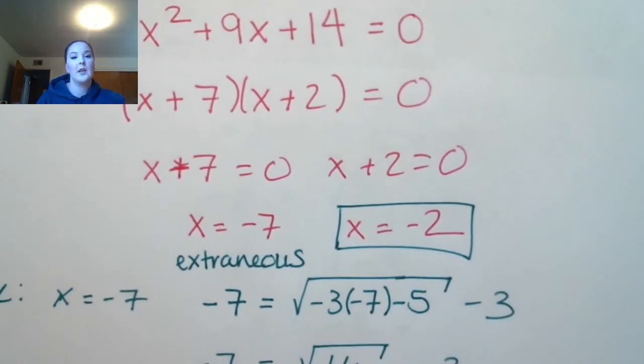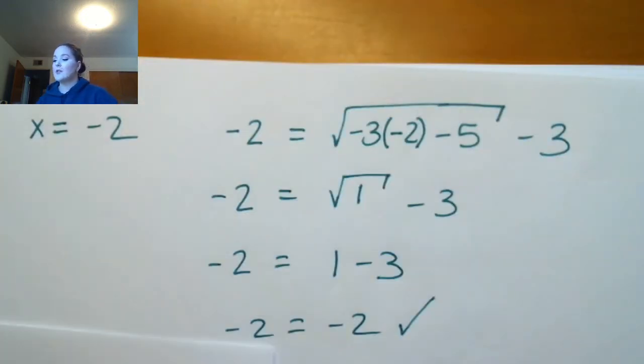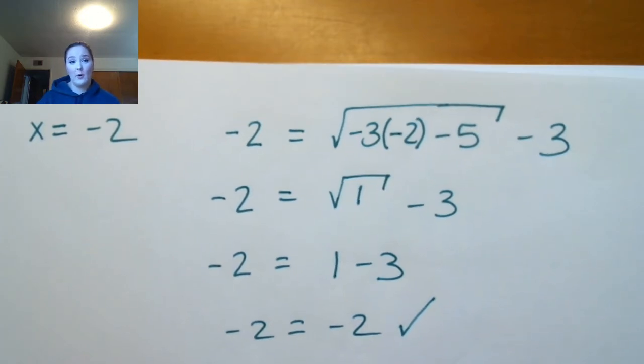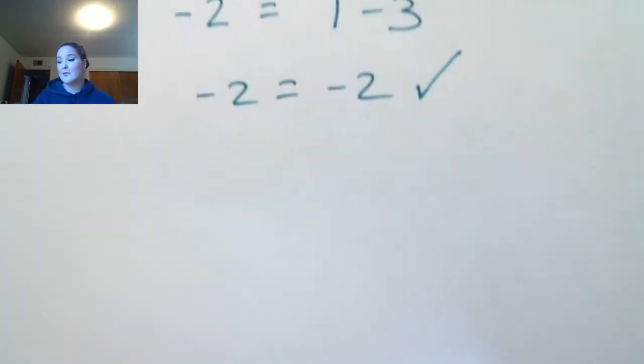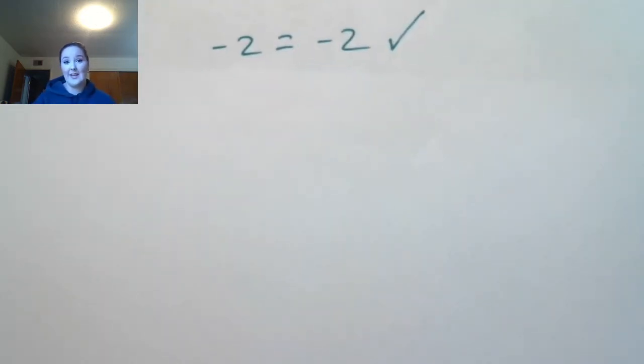Now, in the previous two examples, we've ended up with two answers and found that one is extraneous and one isn't. I just wanted to point out that that's not always the case. You will sometimes get one answer and it is extraneous. Sometimes you get two answers and they're both extraneous. Sometimes you get one answer and it's really a solution.